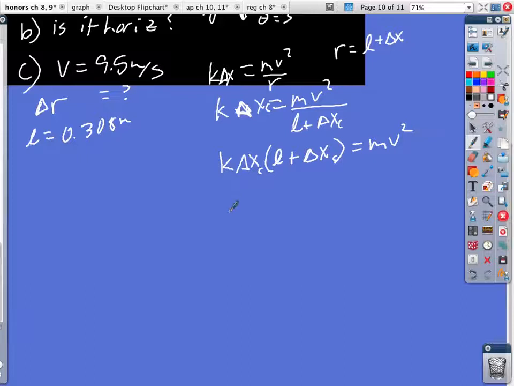So this comes out to be 90, I'm just going to put x to make my life easier, and then this is 0.3, I'm going to leave that to make my life easier, plus x is equal to the mass, 0.12 kilograms, times v, which is 9.5 squared.